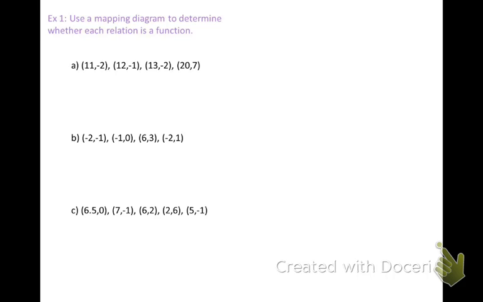Okay, use a mapping diagram to determine whether each relation is a function. I'm going to show you what I'm talking about, a mapping diagram. That means you have something that looks like a box, and you have two of them. This will be your x points, and this will be your y points.